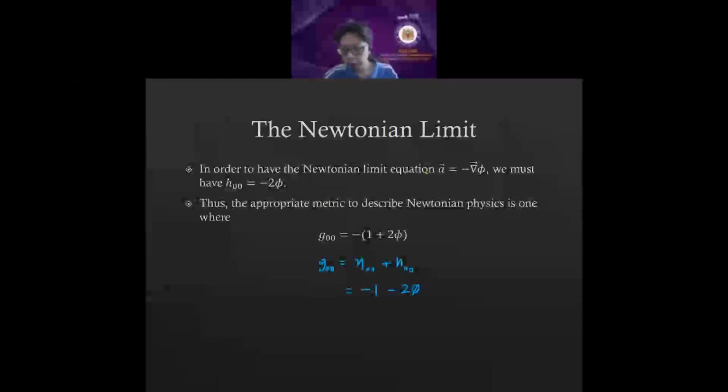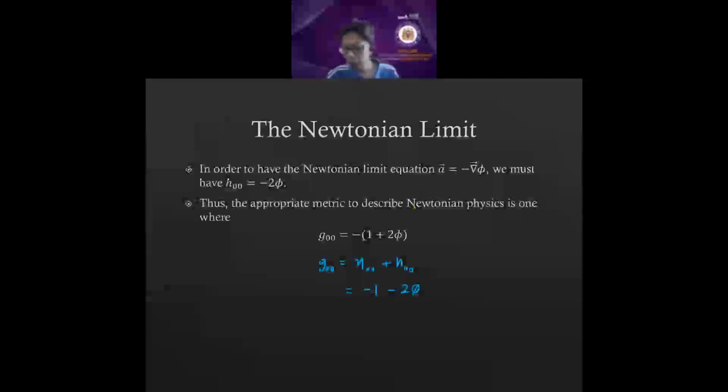And one thing that I wanted you to take note of is that the metric is proportional to the gravitational potential, right? So the metric is proportional to the gravitational potential in the Newtonian limit.